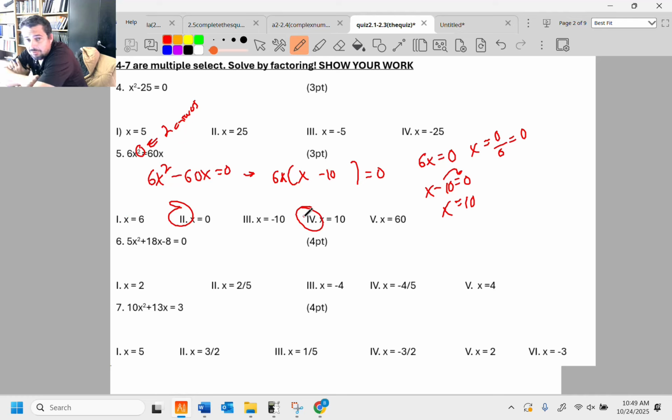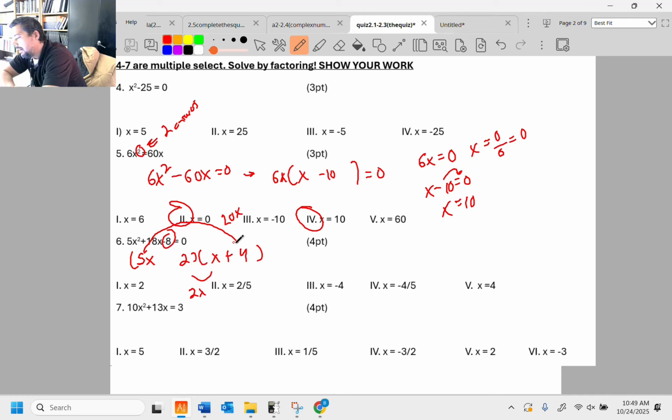6 and 7 got worse because the factoring had an a value other than 1. But I made number 6 a prime number. The only way to get a 5x is 5 and 1, or 5x and x. Factors of 8 are going to be 2 and 4 in the order that I'm writing them, because the outside is going to make 20 and the inside is going to make 2.